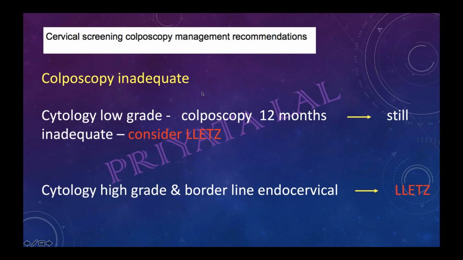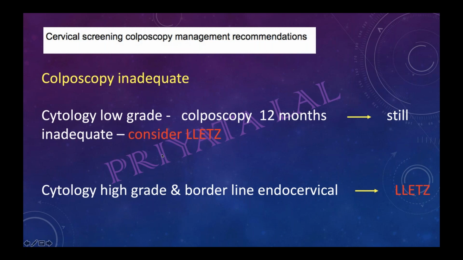One time colposcopy was inadequate, as her cytology was low grade, I said please come after a year. After 1 year, same thing. In that situation, it is not a must, but I can consider removing her transformation zone.